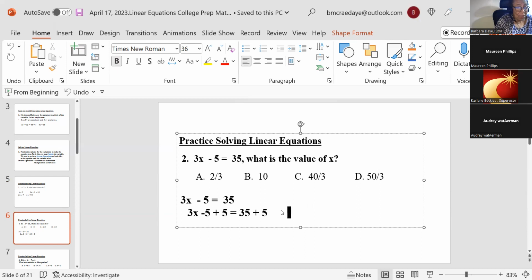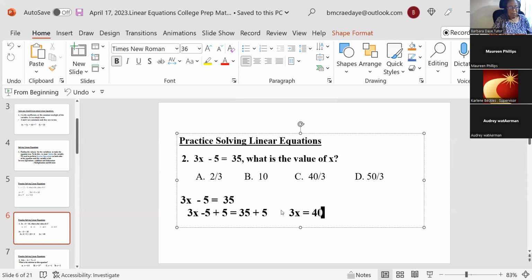Okay. That's right. When you're adding the same value, whether it's a constant, a variable, or a constant variable combination, it gives you 0. We sometimes call it canceling, right? But they add up to give you 0. So you just have 3x left, right? And you told me 40. That's correct.